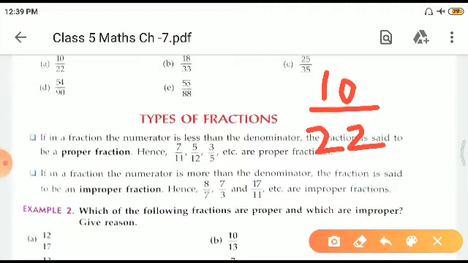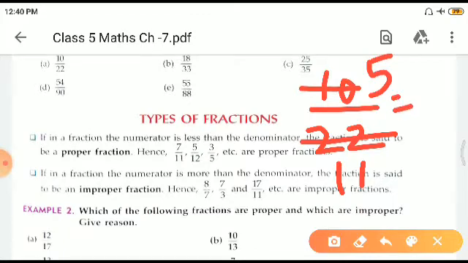So we are dividing by 2, we get 10 divided by 2 we get 5 here, right? And in place of 22 we get 11, right? And there is no common factor which divides both 5 and 11. So our answer will be 5 upon 11, right?